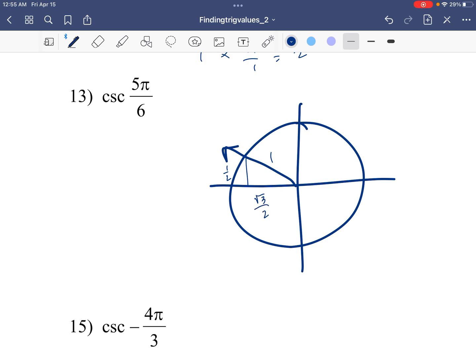So we're going to use the reciprocal of cosecant, which is sine, opposite over hypotenuse. So our answer for this is also 2.